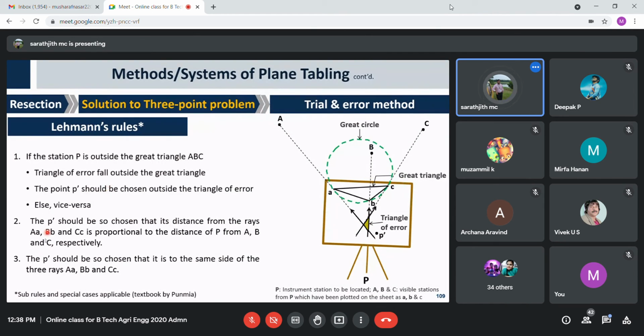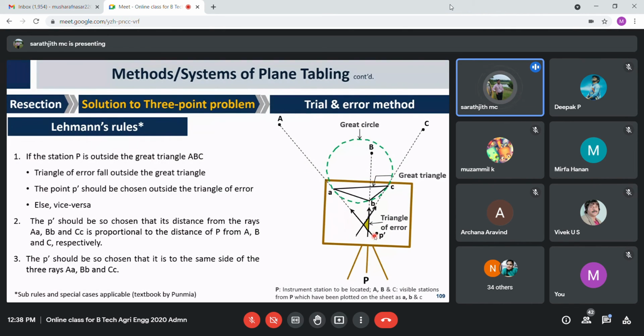And the third point is the arbitrary point P dash should be so chosen that it is on the same side of the three rays AA, BB, and CC. If you want to choose an arbitrary point, it should be on the same side, either the left side or the right side. In this one, AA ray is this one, BB ray is this one, and CC ray is this one. The point you have chosen is on the right side of each of these rays.